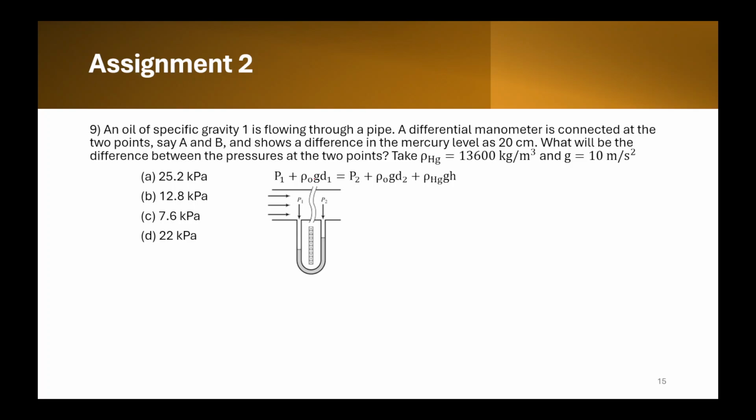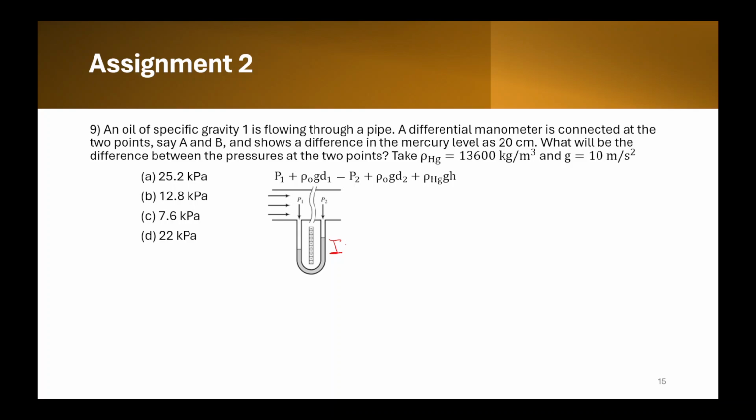So there is this pipe and the fluid is flowing through it, and the manometer is connected at the 2 points. So there is some pressure P1 at this point and pressure P2 at this point. And there is some oil fluid here and some fluid here as well. There is a pressure difference between the 2 points, and this is the difference in the heights of the manometric fluid.